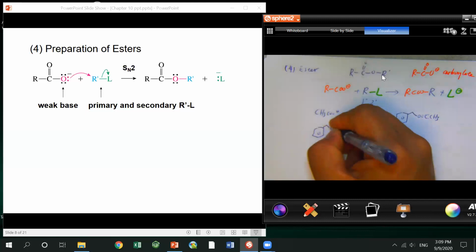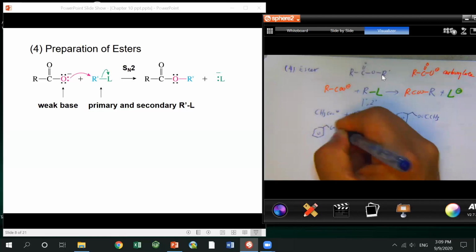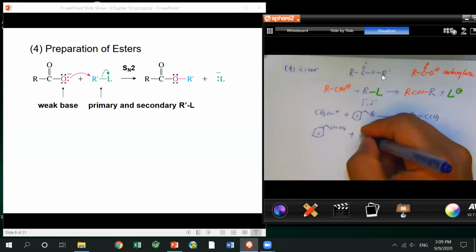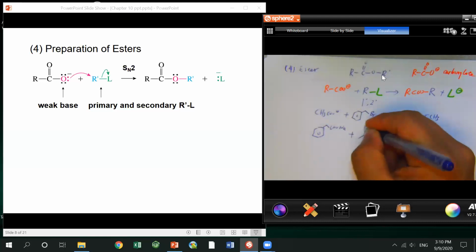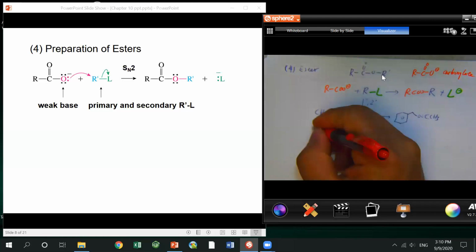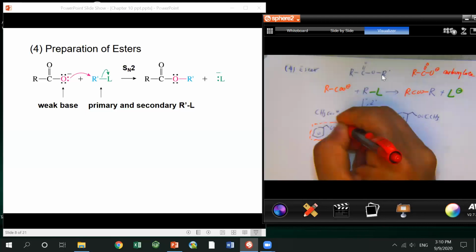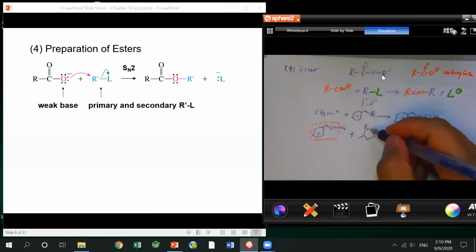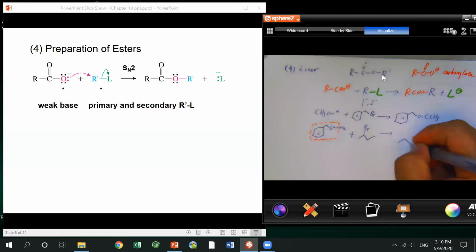And for another one, this time we use benzoate, from benzoic acid, as the nucleophile, and react it with a secondary substrate. So this is the real nucleophile. Don't be fooled by the metal counterion. That's when you replace the leaving group.